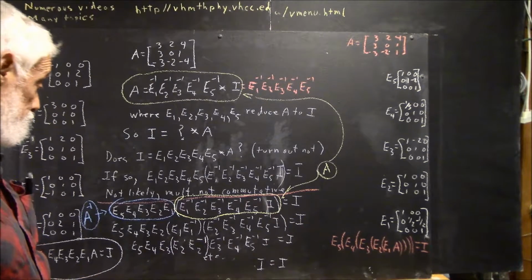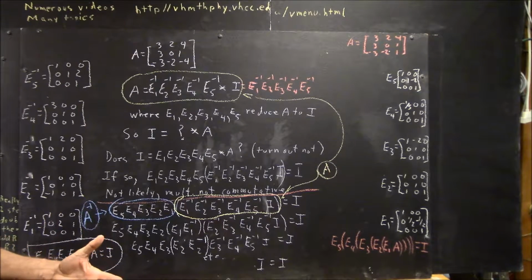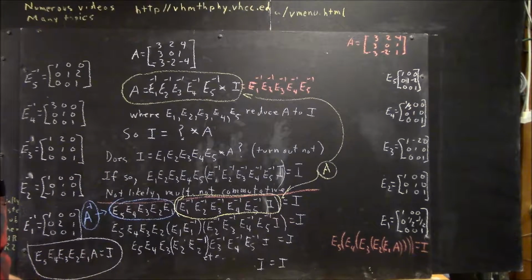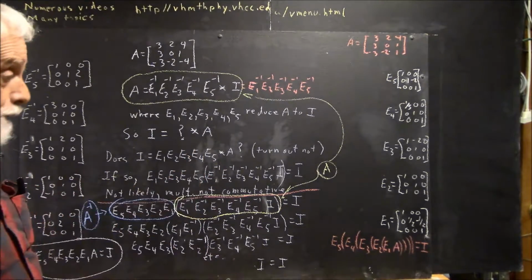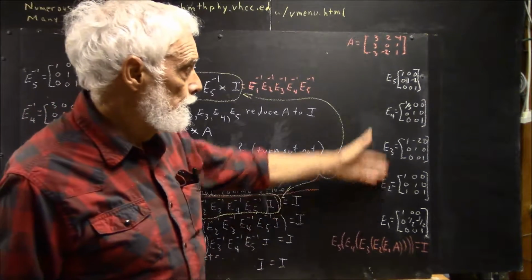Now, the big thing you should see here is that any matrix that's reducible to the identity is a product of elementary matrices. And those elementary matrices would be the inverses of the matrices you use to reduce it.